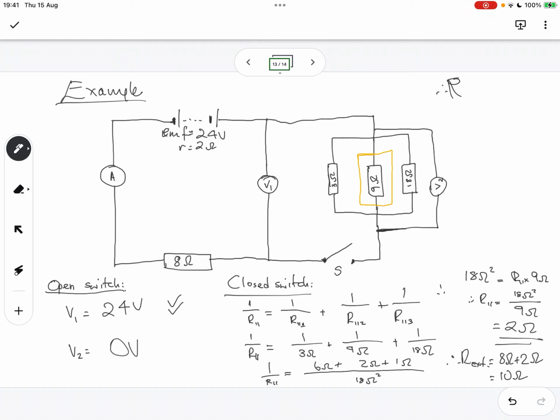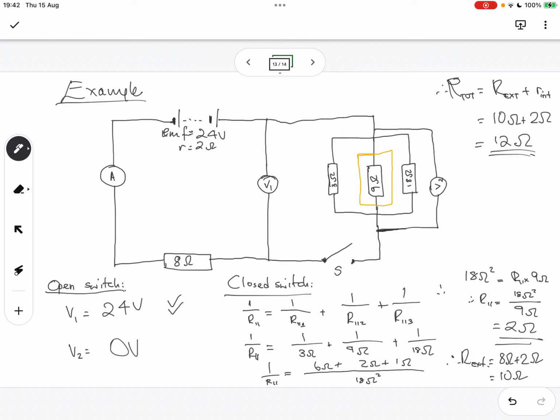Therefore, total resistance would be the external resistance plus the internal resistance. And this is 10 ohms plus 2 ohms. Therefore, the total resistance is 12 ohms. All right, well done for spotting it.